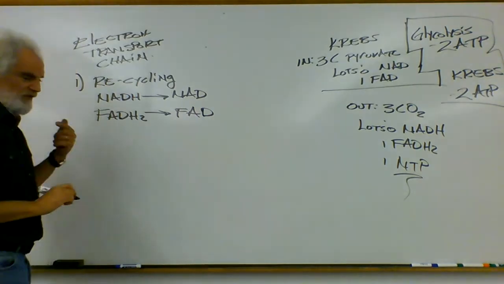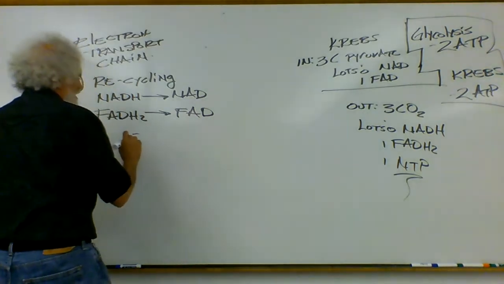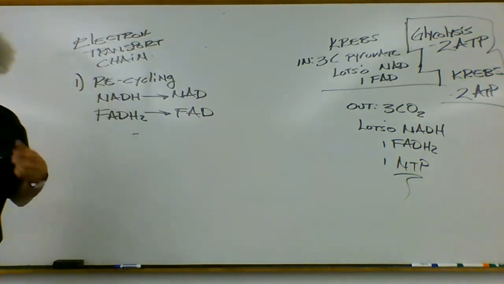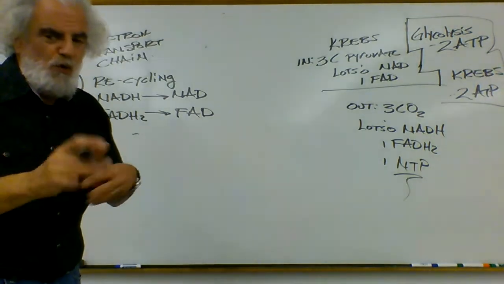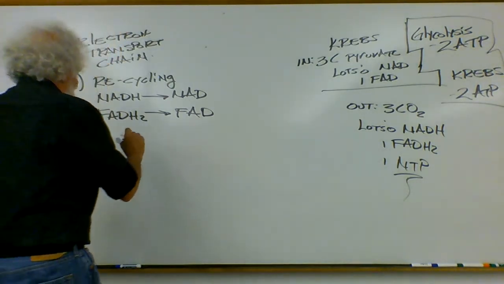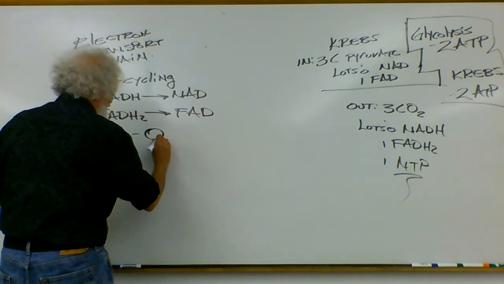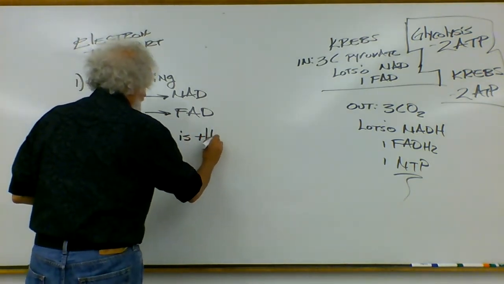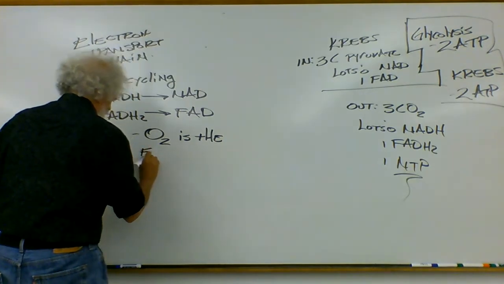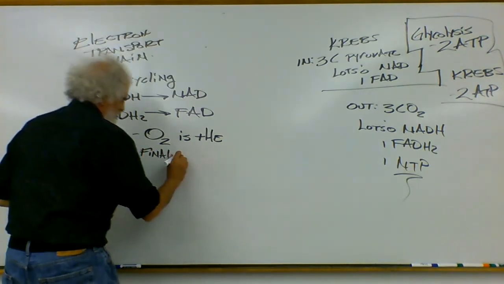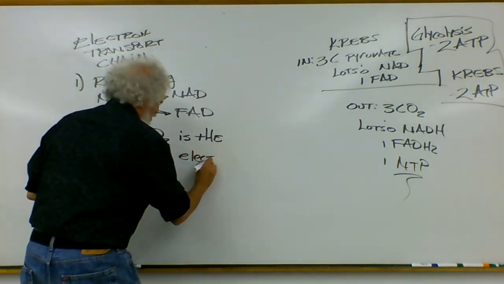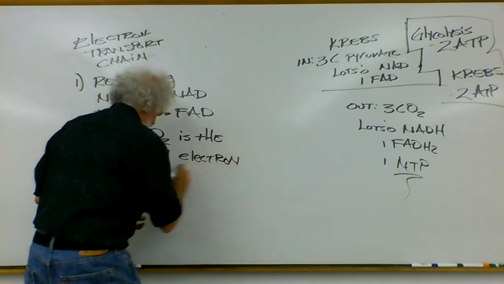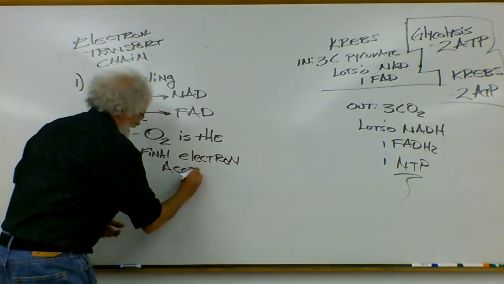And as a little side note, in systems that are using oxygen, and not all will, but this is the place to start, we can say this: O2 is the final electron acceptor.